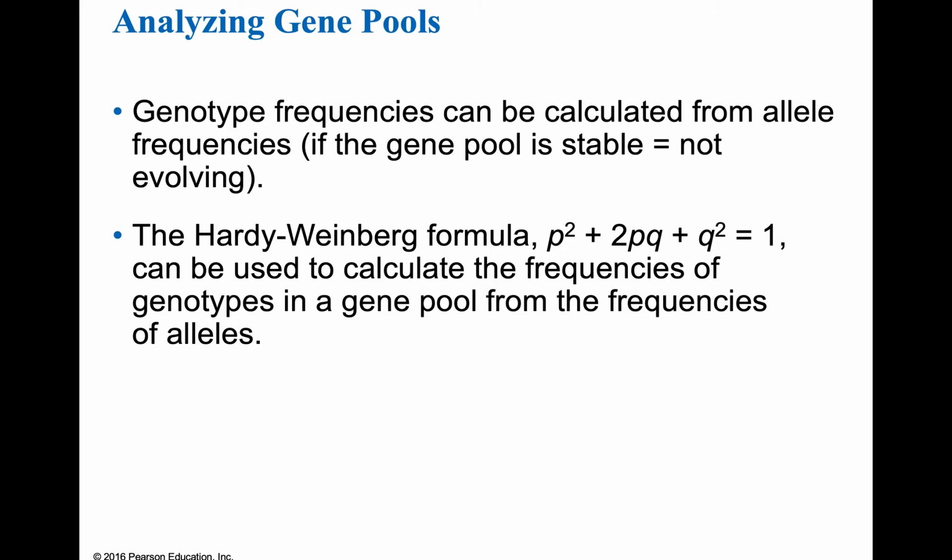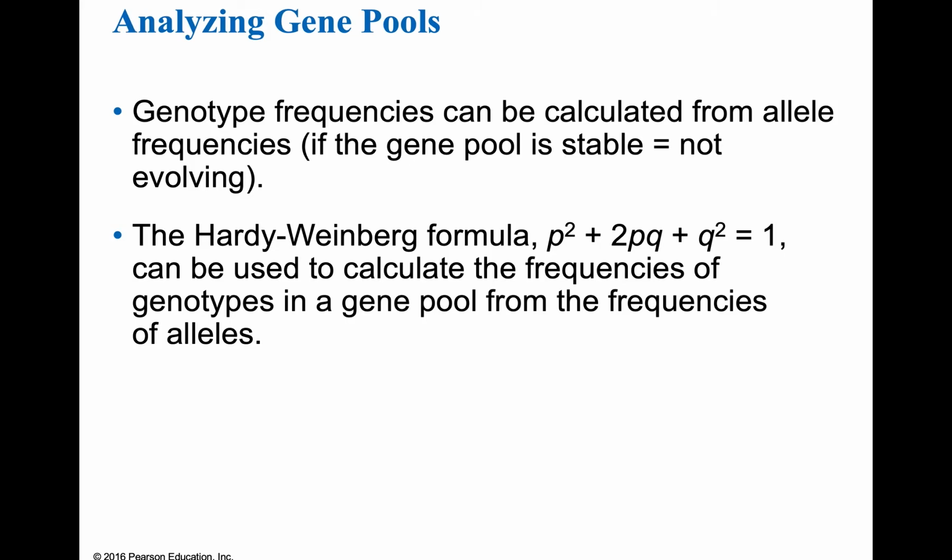Now, this formula is found in your textbook, but first, here's the name. The name of that formula is called the Hardy-Weinberg principle. And that Hardy-Weinberg principle is P squared plus 2PQ plus Q squared equals 1.